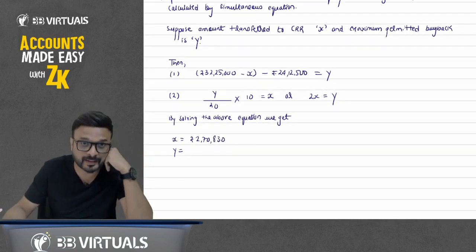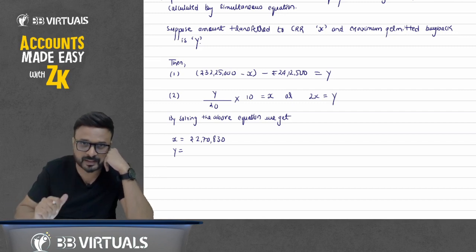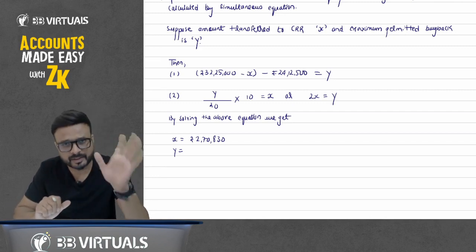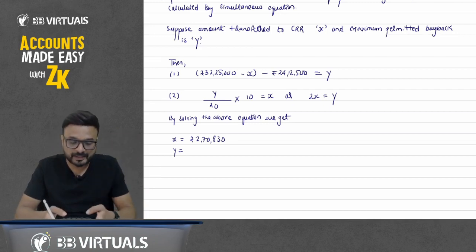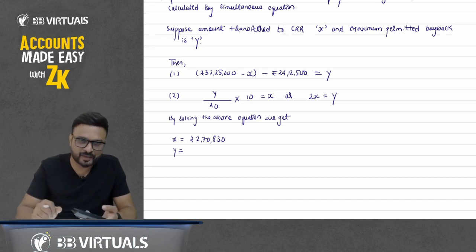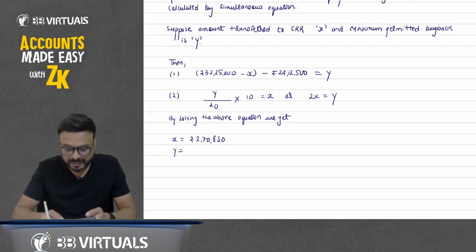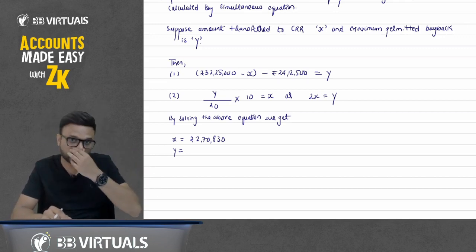If I take 2,70,833 and divide by 10, it will come 27,083.3 shares. Can we issue shares in fraction? No, we cannot. So that's why I take 2,70,830. Don't take 833.33.